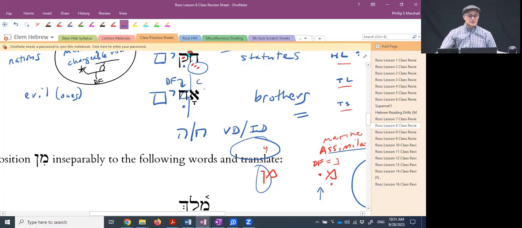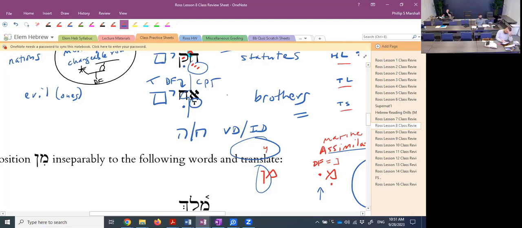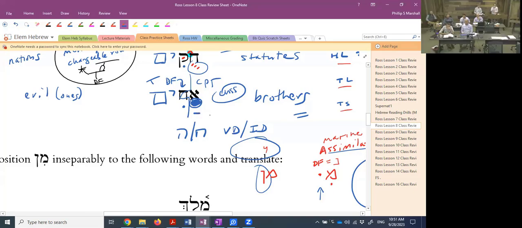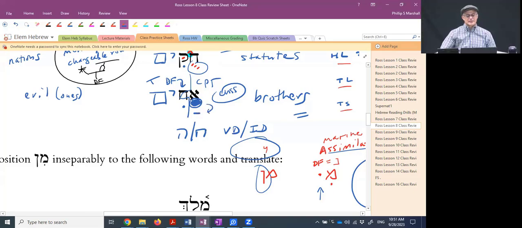First syllable is closed, which means the tone is over here. This is closed and pretonic. That cannot stay long, can it? Because closed requires what kind of vowel? Short vowel. So what's this qamets going to change to? The short A. It's going to become a pathach. So I'm going to get achim looking like that.